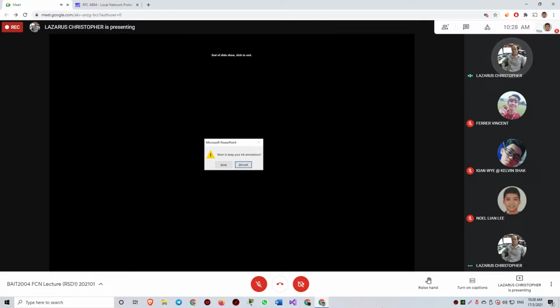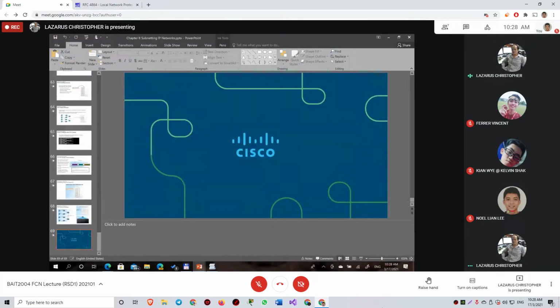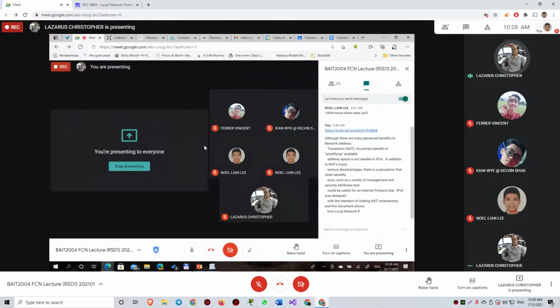That part is the syllabus for subnetting IPv6. For further reading, to understand more about what's happening in the transition from IPv4 and what you gain, you can read this Request for Comments. I've read it, and it's not that dry, it's actually quite interesting.